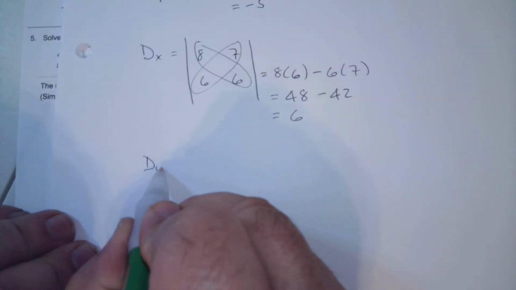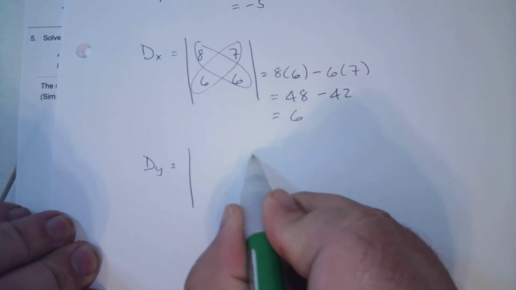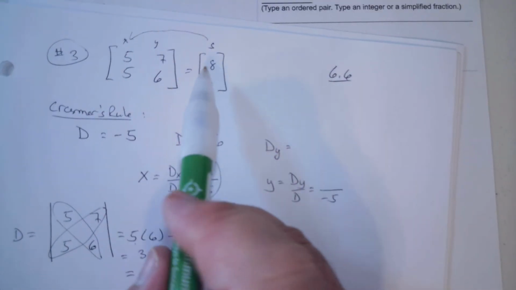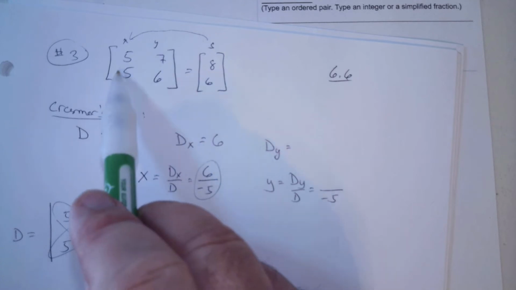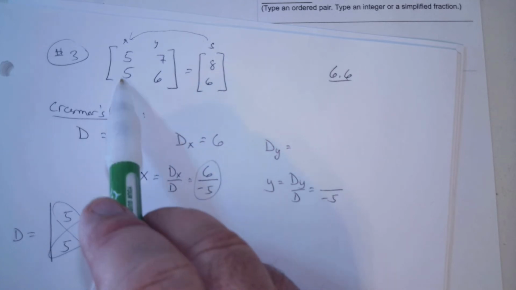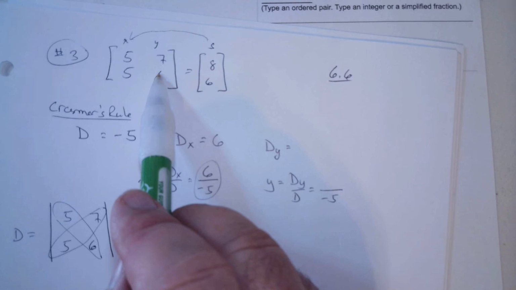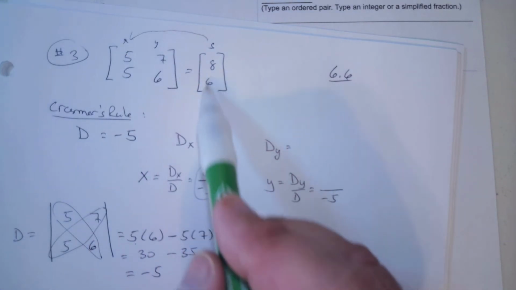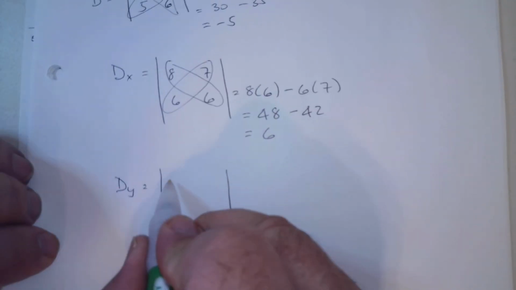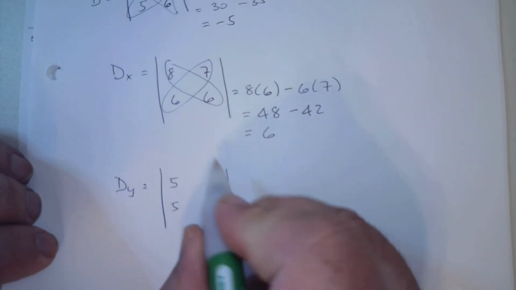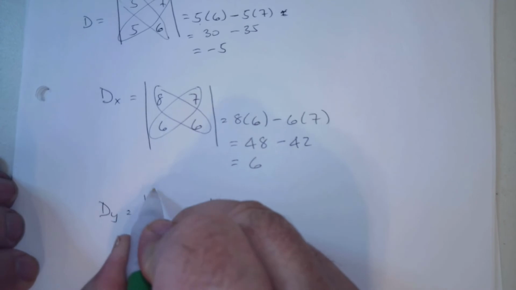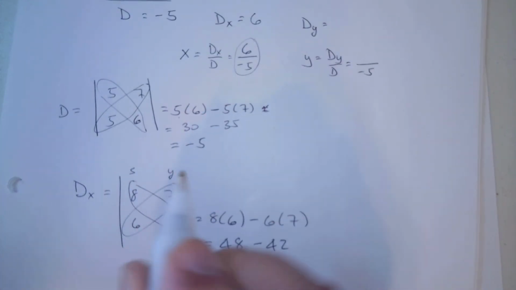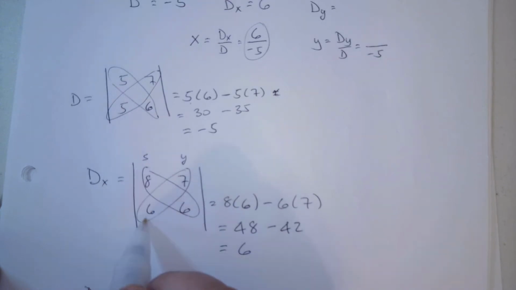Now dy. Since I'm finding dy, I leave the x alone, so it's 5, 5, and I put the solution in place of the y. So it's 5, 5, 8, 6. So whenever you have to solve for x, the solution goes in place of x.